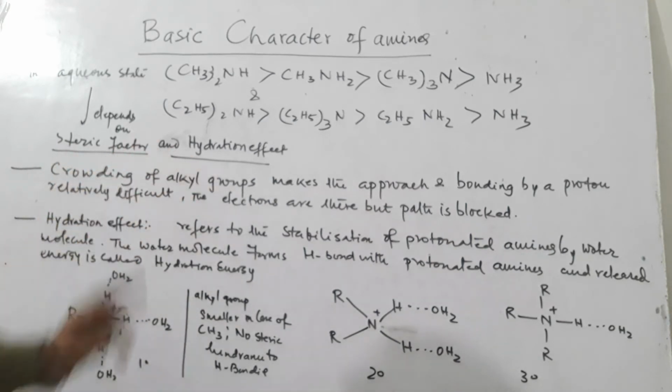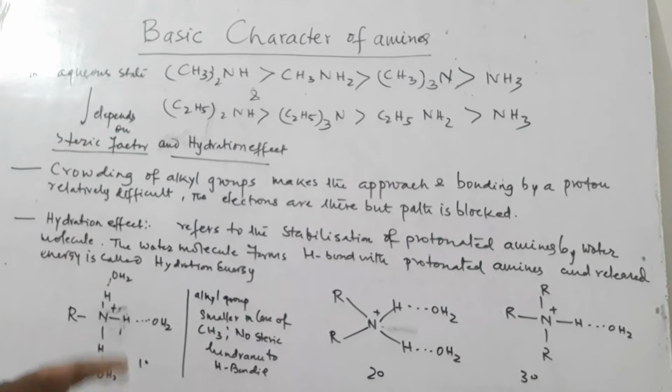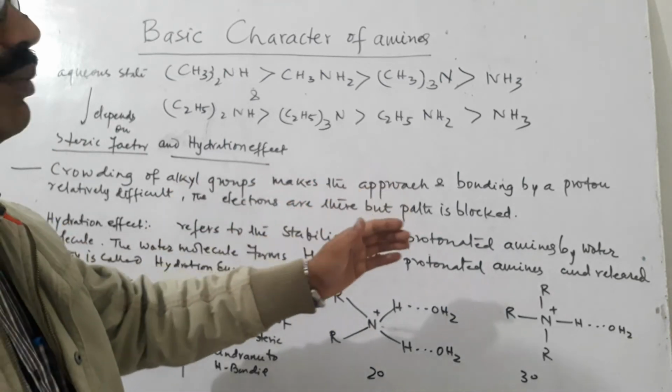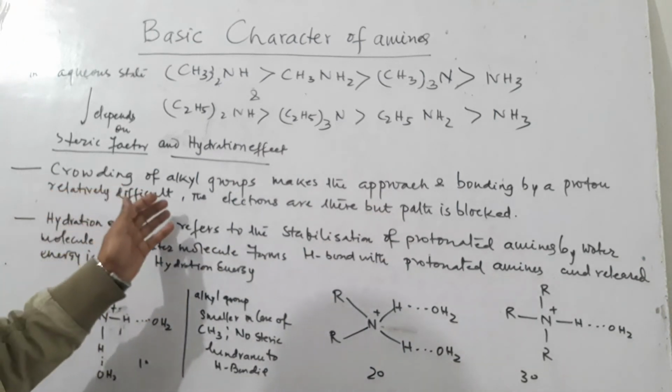There are two factors other than the inductive effect, as already discussed: the steric factor and the hydration effect. What is the steric factor? Crowding of alkyl groups makes the approach and binding by a proton relatively difficult.